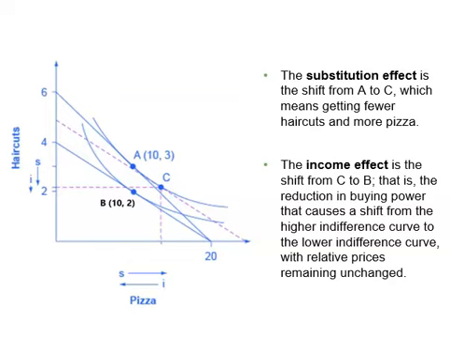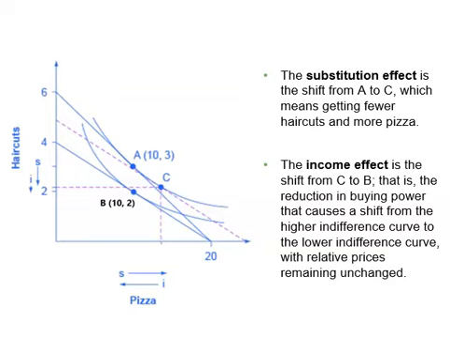With this thought in mind, the dashed line is a graphical tool inserted in a specific way. It is inserted so that it is parallel with the new budget constraint, so it reflects the new relative prices. But it is tangent to the original indifference curve, so it reflects the original level of utility or buying power.